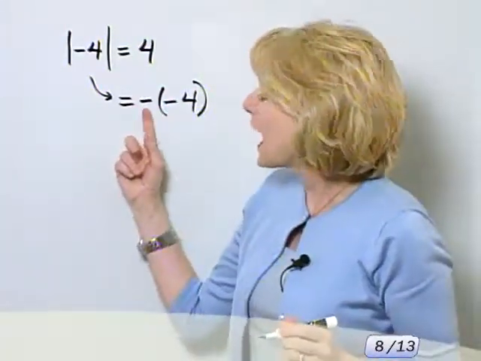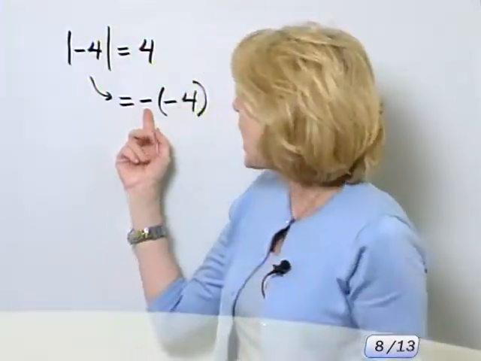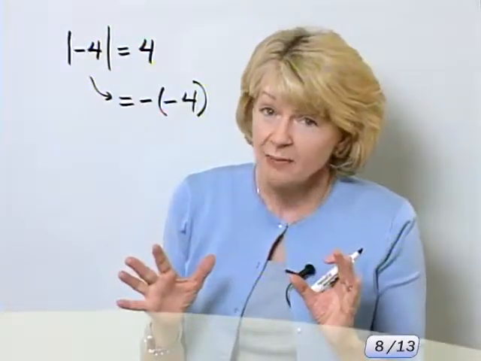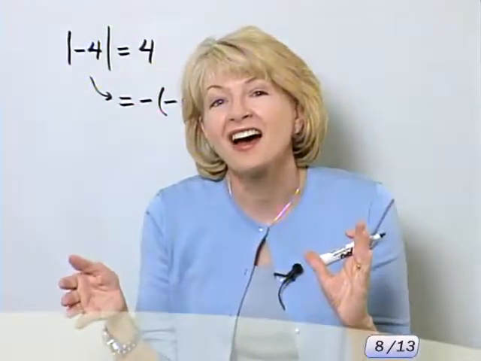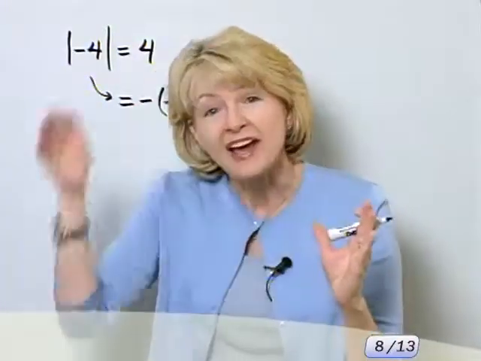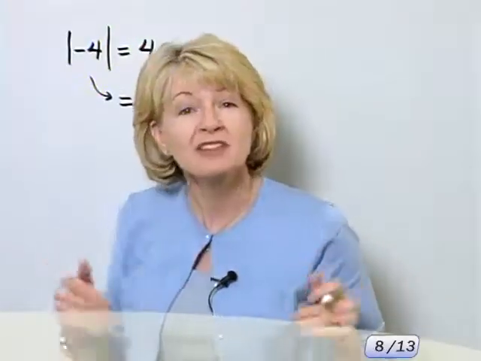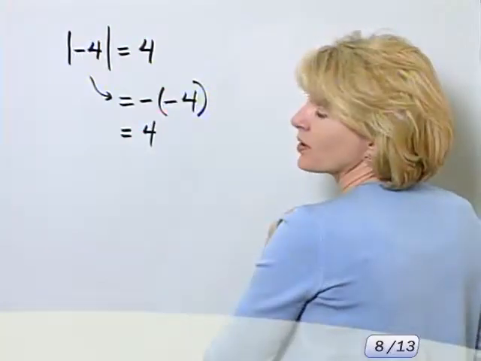Well, what is the opposite? We'll talk more about this in just a moment, but what is the opposite of negative 4? Well, the opposite of negative 4 lies on the opposite side from 0 as negative 4, but the same distance from 0. So the opposite of negative 4 is 4.